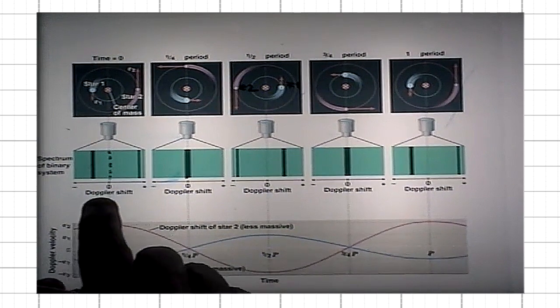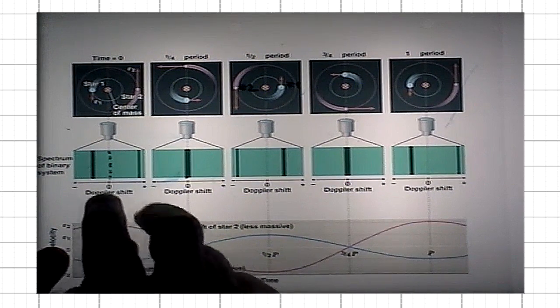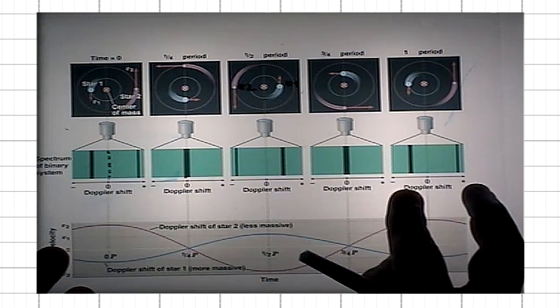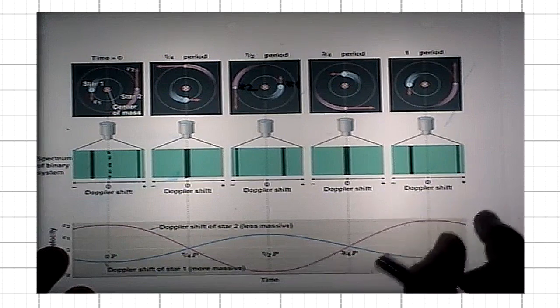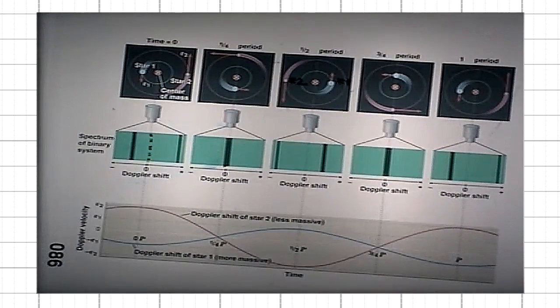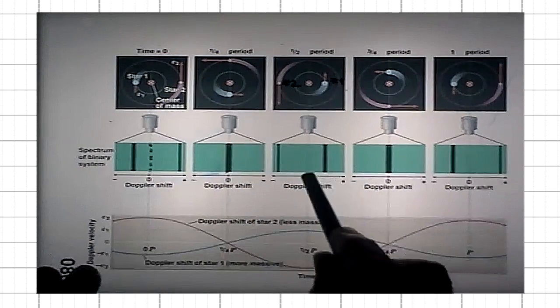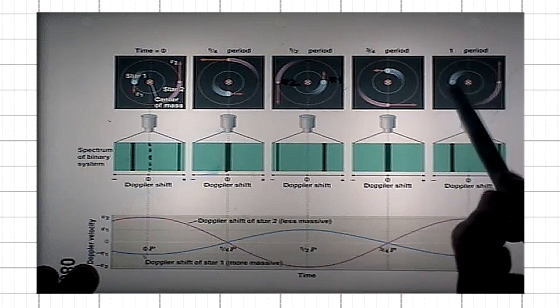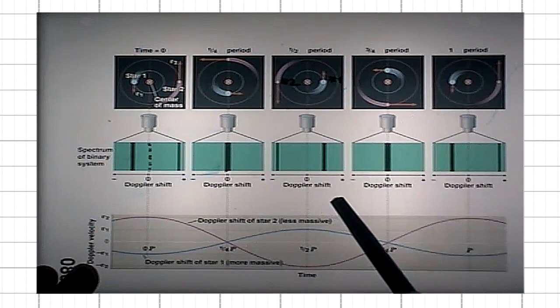So I can measure the interval of time it takes for the spectrum to return to its initial configuration, right? So then I can actually measure the orbital periods of the two stars. From the amount of shift, using that relation that I've written on the previous piece of paper, I can determine their orbital speeds, right?